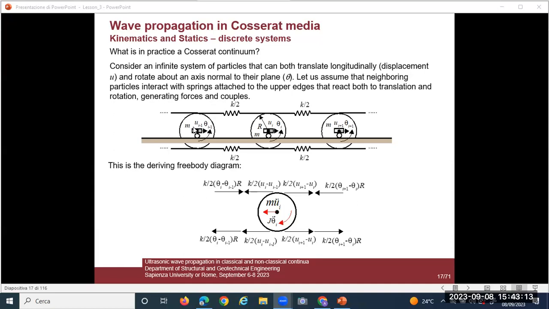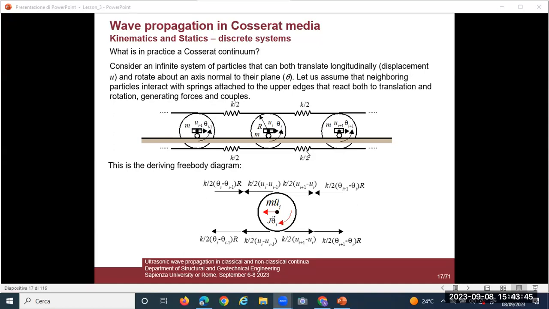Now we assume that particles just interact with neighboring particles, so that the ith particle just interacts with particle i plus 1 and particle i minus 1. How do they interact? They interact with these springs. They are springs with the same stiffness. I put them, to begin with, with the same stiffness.